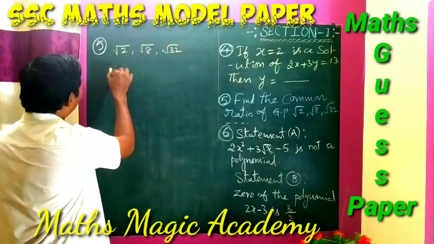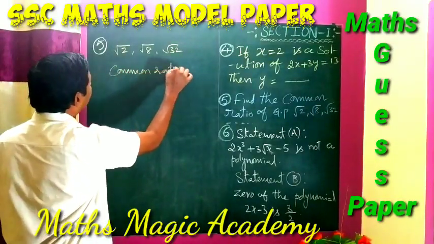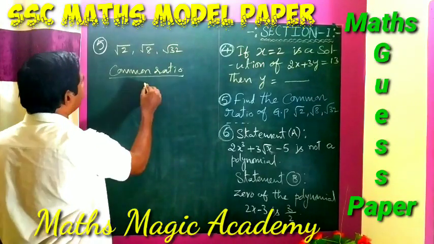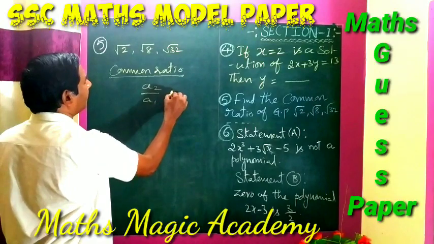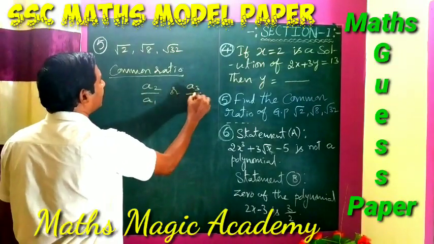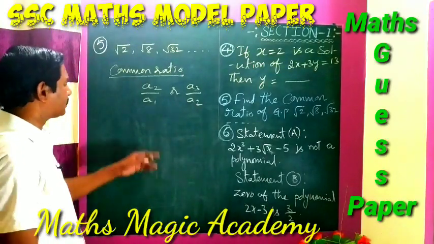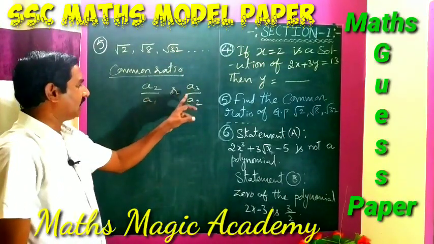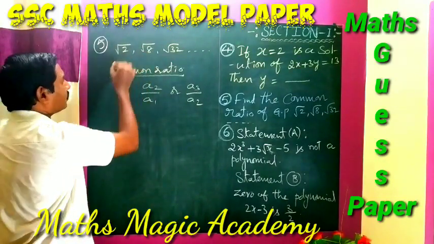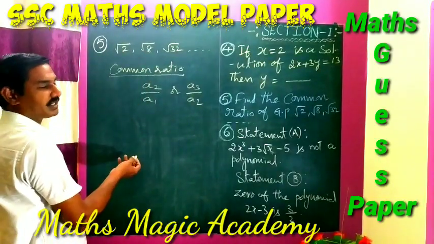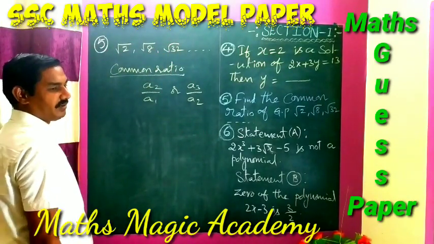The common ratio is nothing but either A2 by A1 or A3 by A2. Here only three terms are given, so I am assuming A2 by A1 or A3 by A2. That means here root 8 by root 2 is a common ratio, or root 32 by root 8 is also a common ratio.